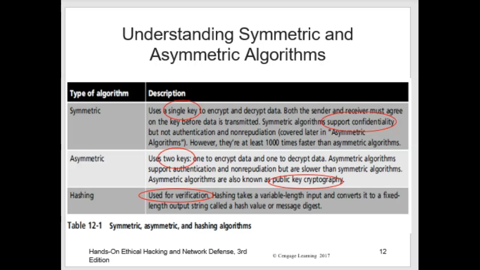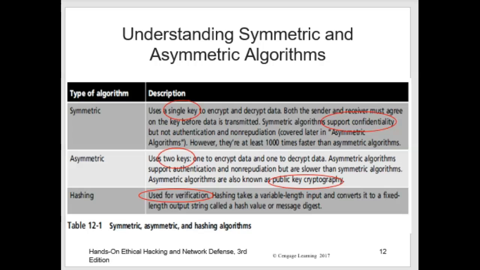Now, symmetric encryption uses the same key for both encryption and decryption. Asymmetric encryption uses 2 different keys, one used to encrypt and the other used to decrypt. We call this public key cryptography, or PKI, public key encryption.